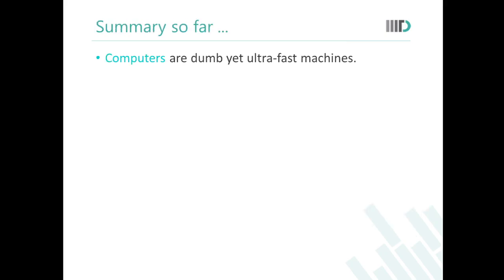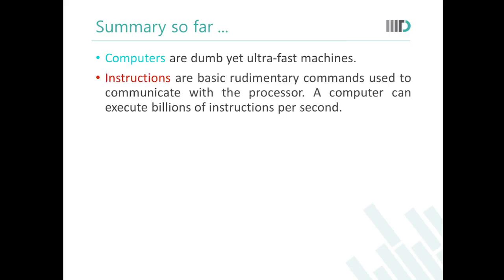So, to summarize what we have discussed so far about the ISA and computers in general. Computers are becoming very fast, but they are basically dumb machines, and we need to utilize them in an appropriate way to get our objectives fulfilled.